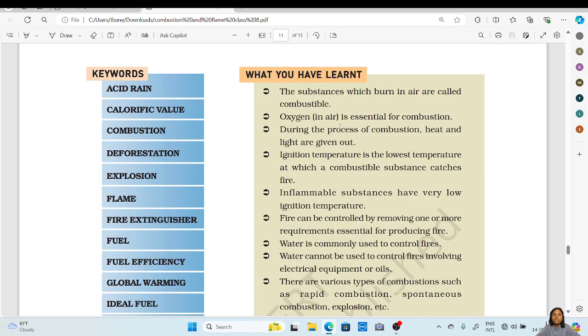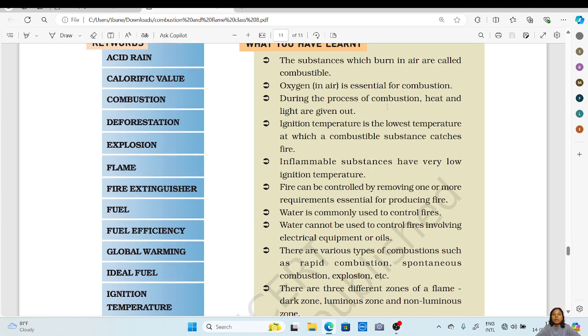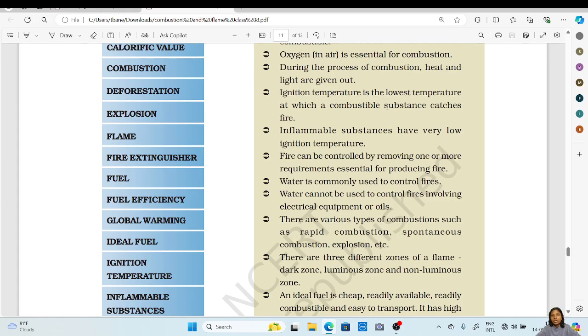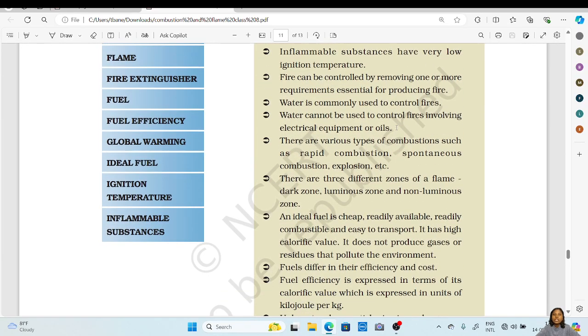So in this chapter, we learned the substances which burn in air are called combustible. Oxygen is essential for combustion. During the process of combustion, heat and light are given out. Ignition temperature is the lowest temperature at which a combustible substance catches fire. Inflammable substances have very low ignition temperature.